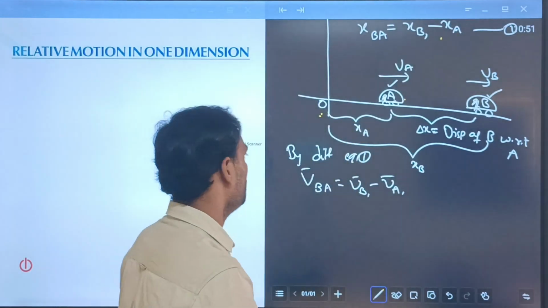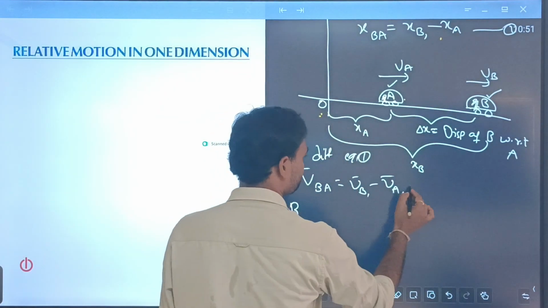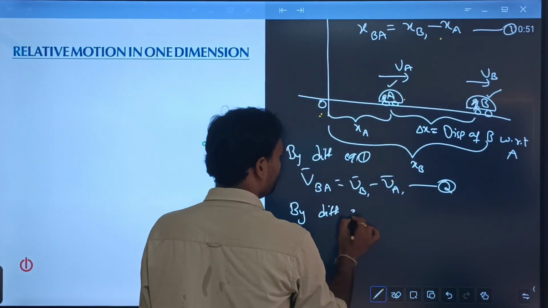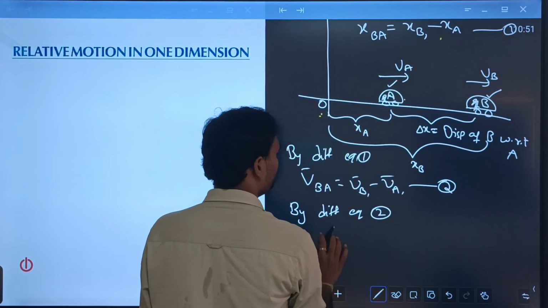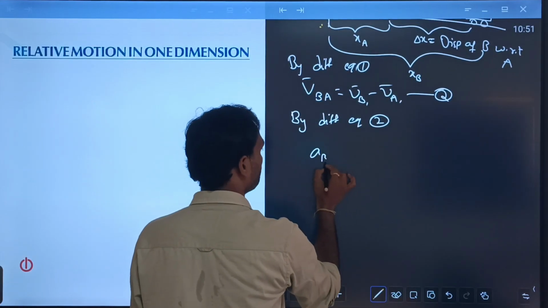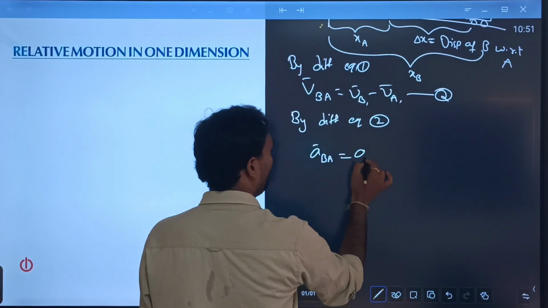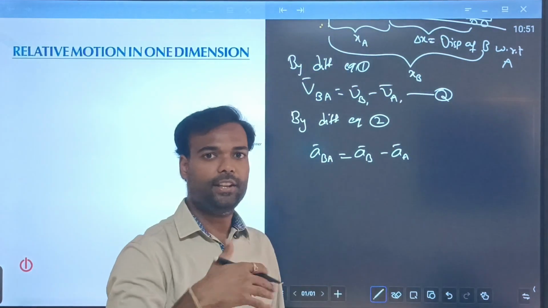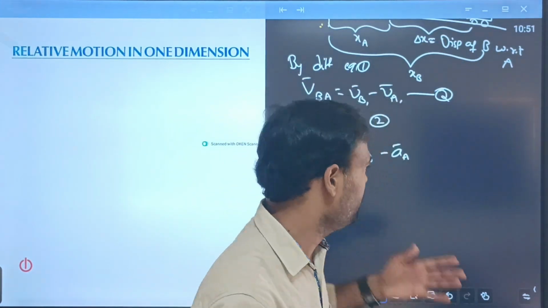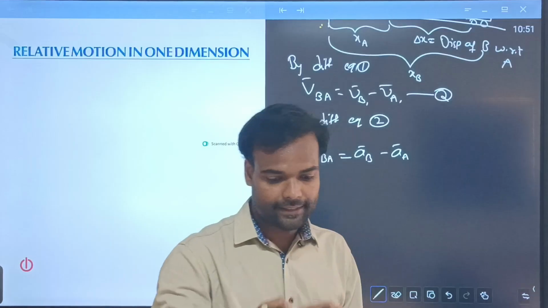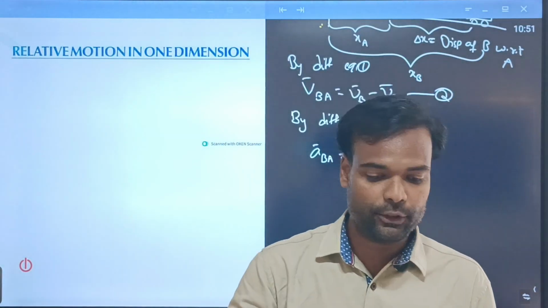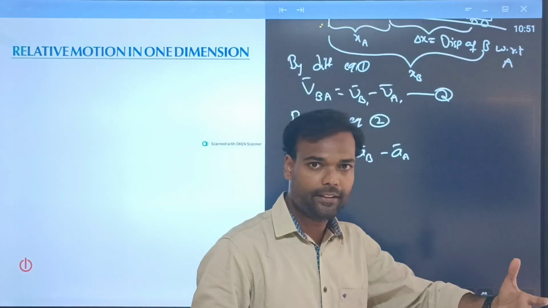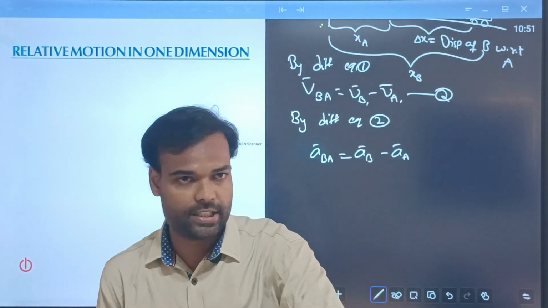Clear? Right. Now, again by differentiating equation 2, we will get acceleration of B with respect to A equals acceleration of B minus acceleration of A, with the observer steady, that is, the observer is at the origin. aB is the acceleration of car B with respect to the person at the origin, and aA is the acceleration of car A for the observer at the origin.